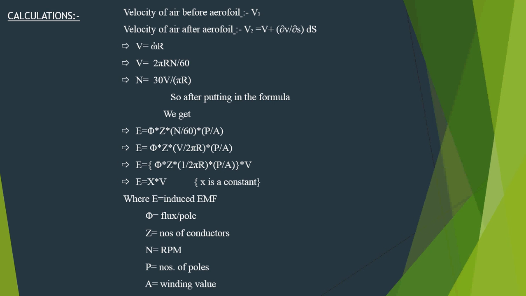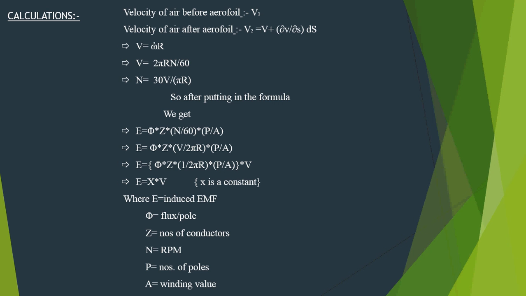There is another formula for finding the induced EMF, that is phi z into n by 60 into p by a. Taking the value of n by 60 from the above equation, we get E equal to phi into z into v by 2 pi r into p by a. Taking v outside, we get E is equal to phi into z into 1 by 2 pi r into p by a into v.